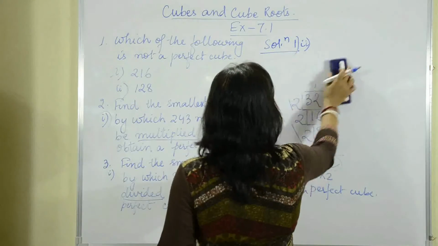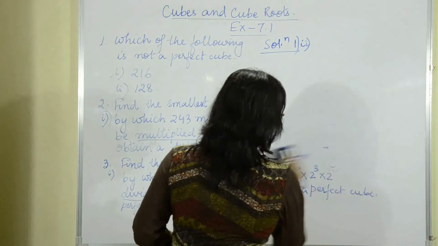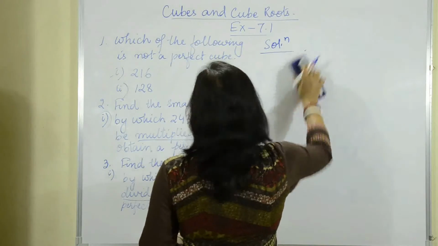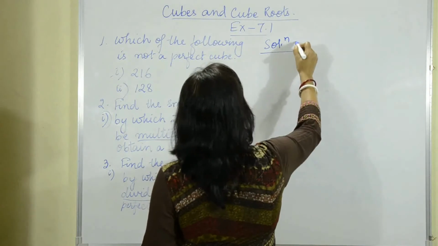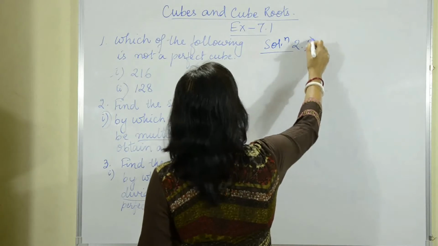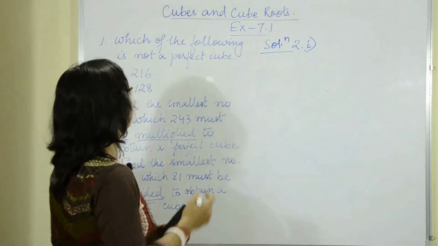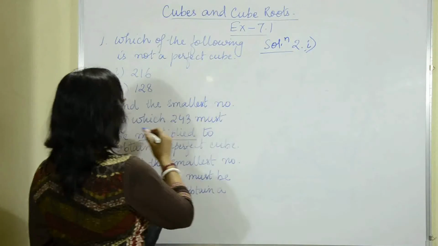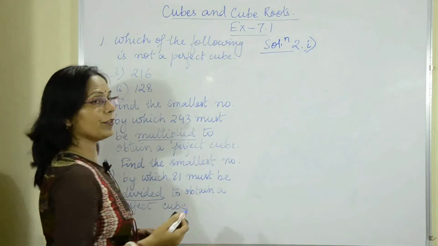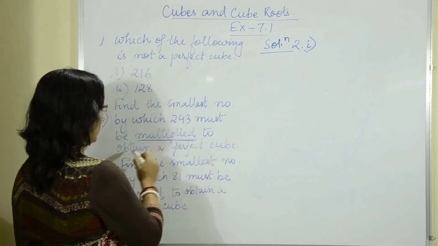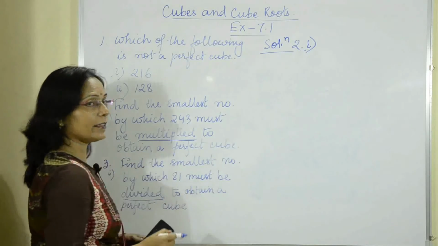Now let us come to question number 2. Question number 2, I have taken one number again. There are a lot of questions there. I have just taken number 1. Find the smallest number by which 243 must be multiplied to obtain a perfect cube.